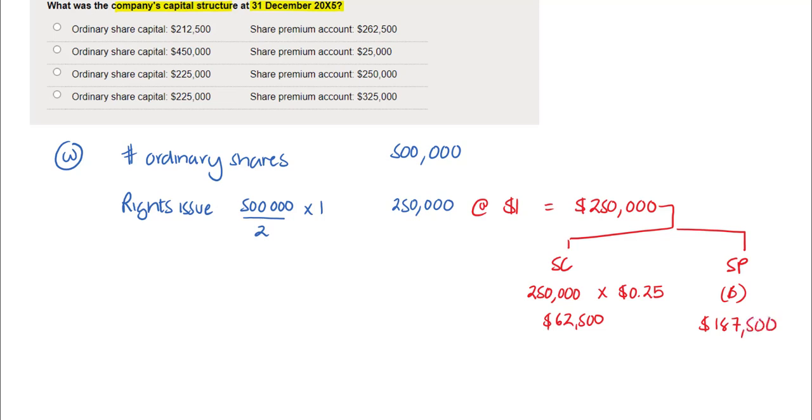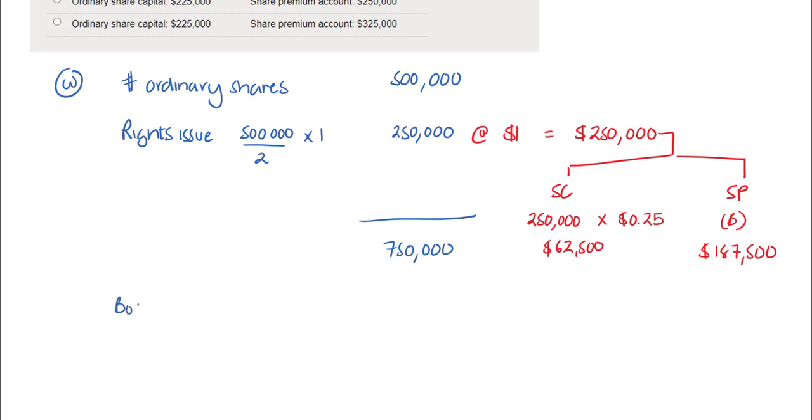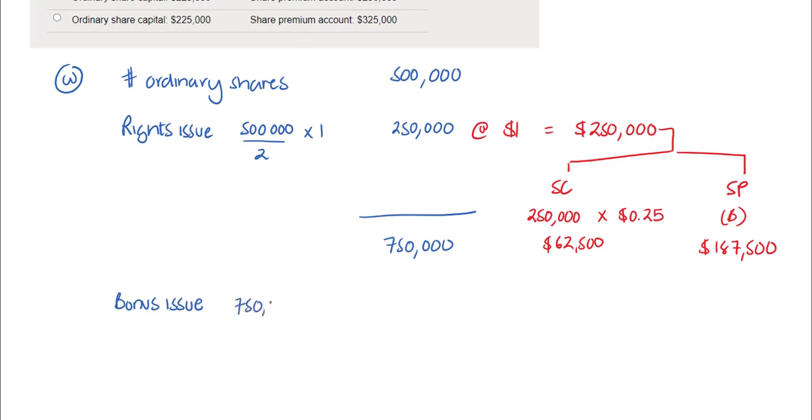The balancing amount would be to share premium, and that's going to be the $187,500. Next, we want to add down the number of shares to get the cumulative total before we work out the bonus issue. So here we've got 750,000 shares, and now we can work out the number of shares given on the bonus issue. The bonus issue is made at 1 share for every 5 held, so we can take 750,000, divide this by 5, multiplied by 1 to give us 150,000 shares, which would have been given on the bonus.